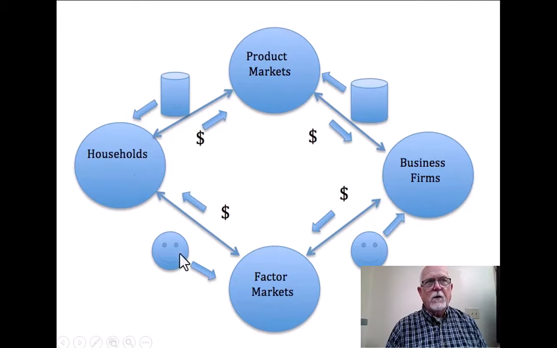And so they offer the factors of production, land, labor, capital, that's the smiley face, to business firms at the factor markets. Now, these markets could be physical locations, it could be over the internet, whatever. Business firms bring their dollars, which they get from making the sales, or in a startup from outside monies or outside partners, and purchase the amount of resources, the factors they need, and then those factors flow on.